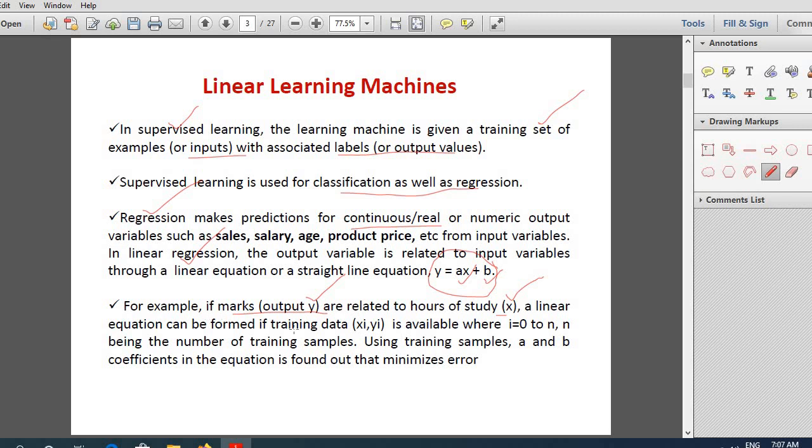A linear equation can be formed if you have many students' data available. Using those data, you can form some matrix equations and find the value of coefficients a and b using some suitable mathematical ways. Okay.